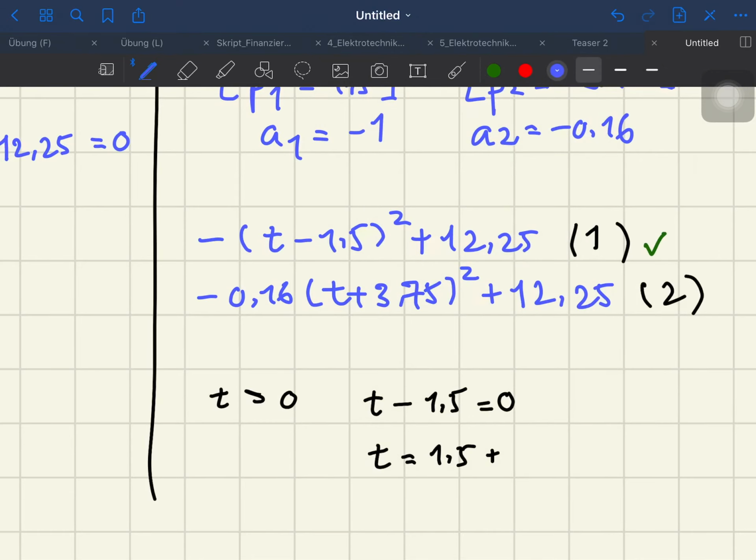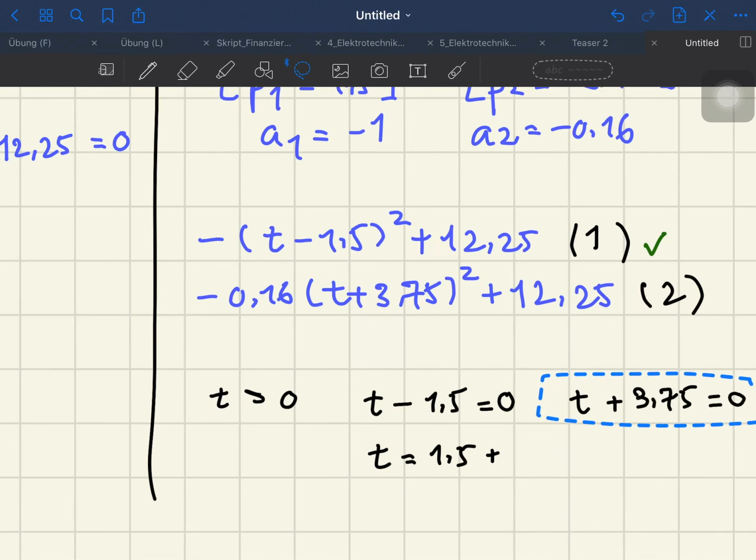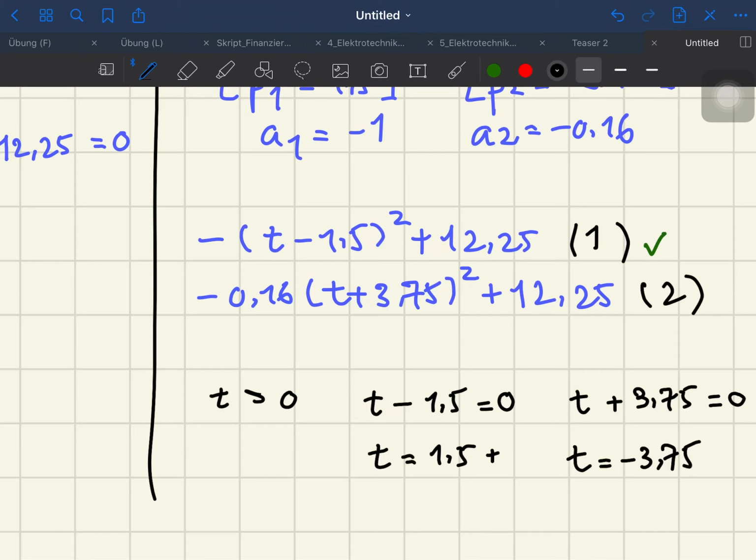The second one, you have t plus 3.75 equals 0. If your t plus 3.75 equals 0, then you will have a maximum height again. However, your value of t is wrong, it's illogical, because your t equals negative 3.75, which is wrong.